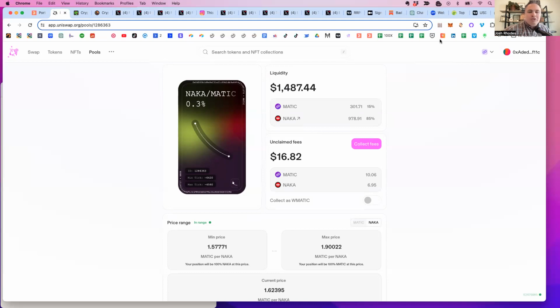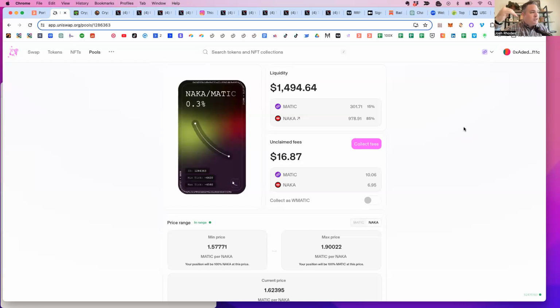If Matic goes up 200% and Nakamoto goes up 20%, impermanent loss is the loss of opportunity I would have had if I'd just held Matic by itself, and my whole bag would have gone up 200% rather than having an allocation to Naka's only 20%. That's a version of impermanent loss.